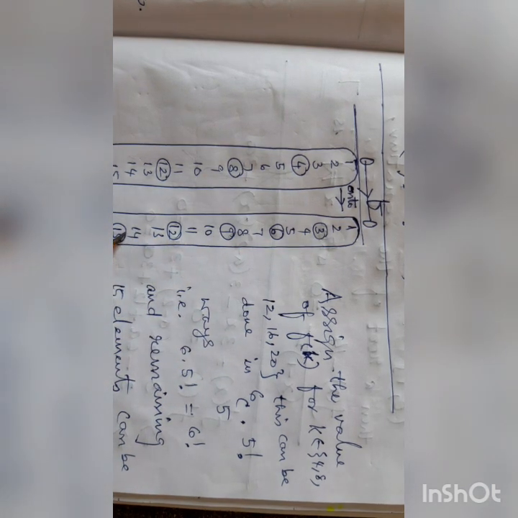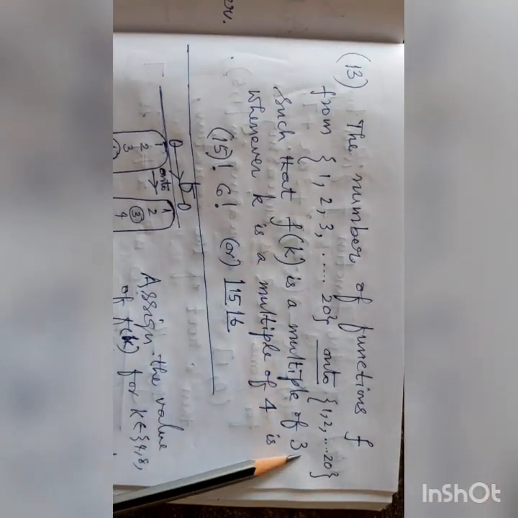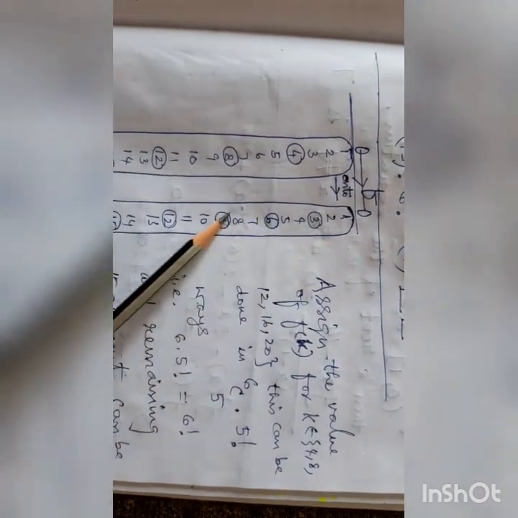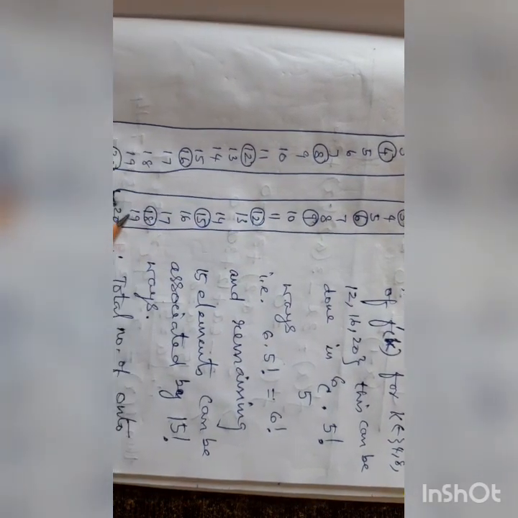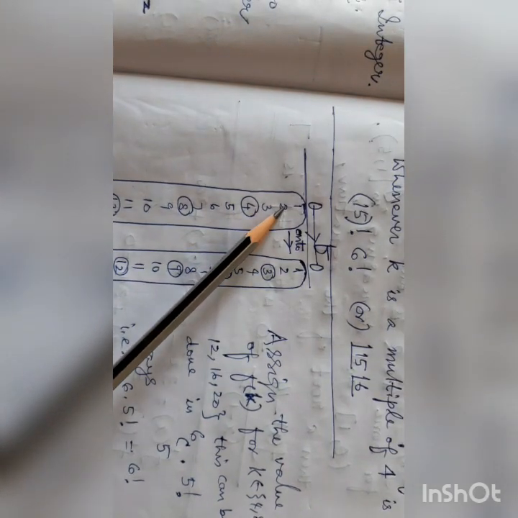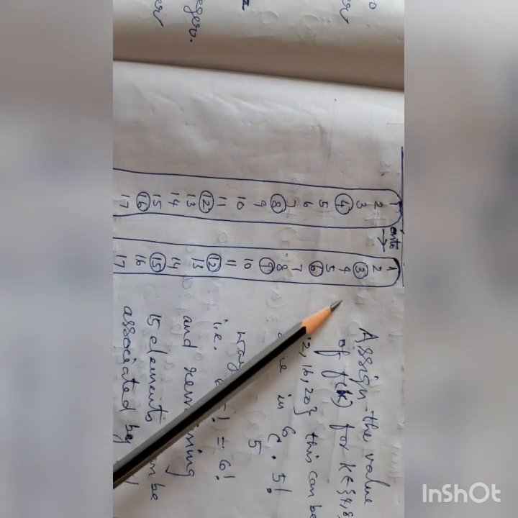That is what he has given in the question: f of k is a multiple of 3. This is given. This is the domain multiples of 4. How many are there? 5. How many here? 6. This is a particular condition given.